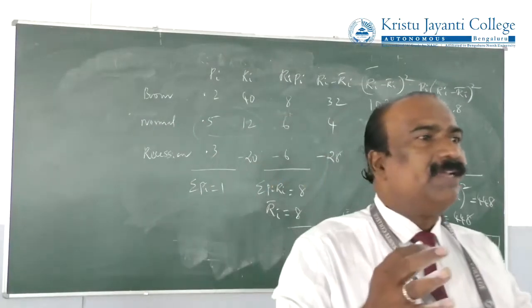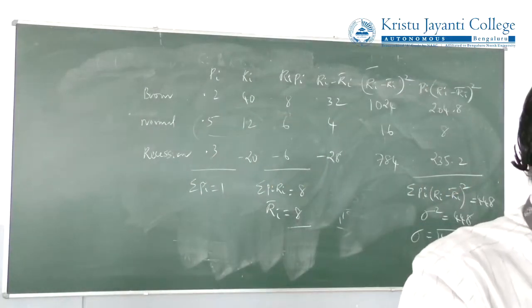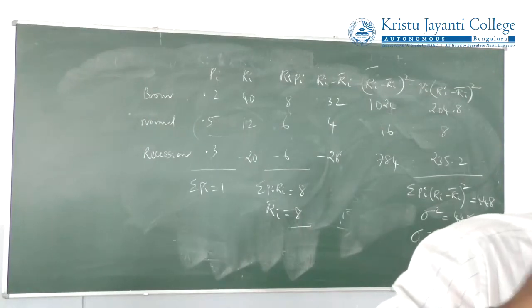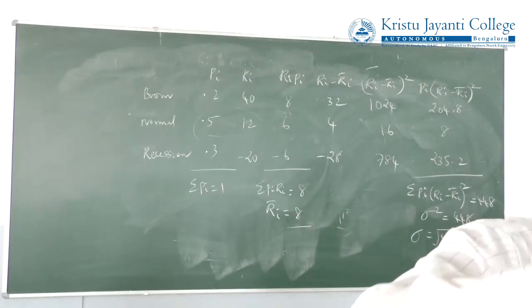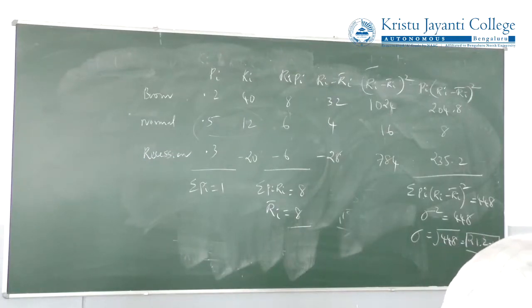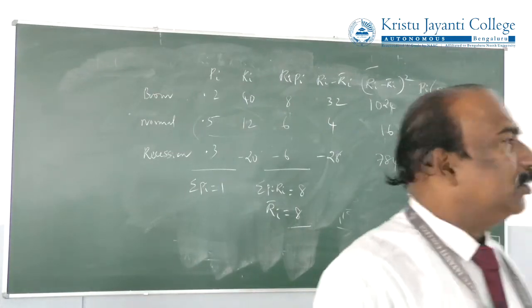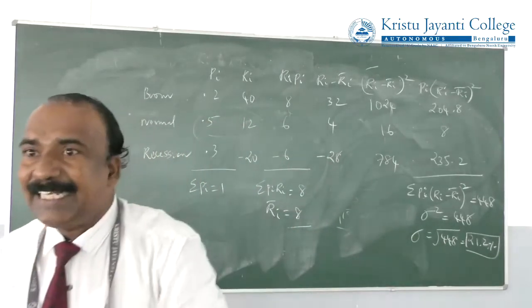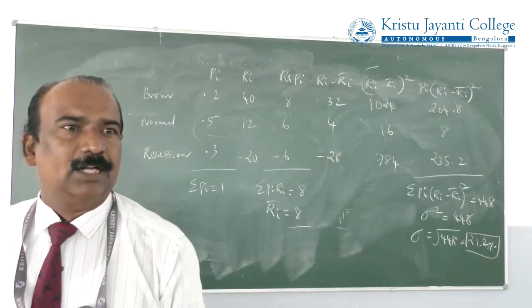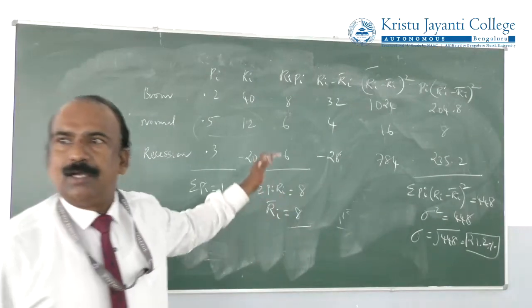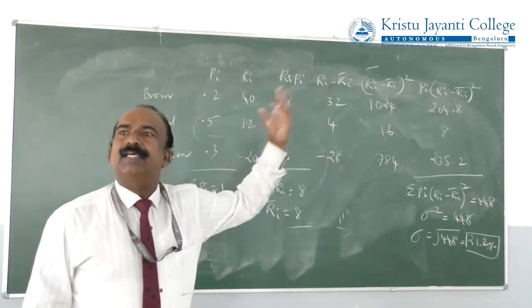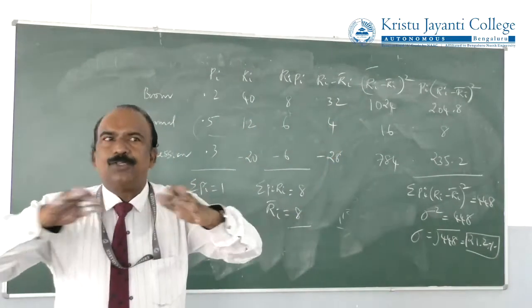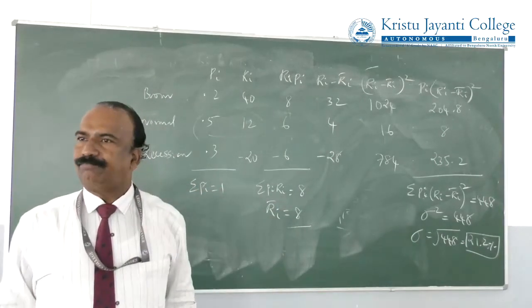That means you are saying 50% will be a normal condition, 30% will be a boom period, then 20% will be a recession period. When you expect your return, your recession return should be kept very low, your boom period return will be relatively higher, and normal you should keep a moderate return.